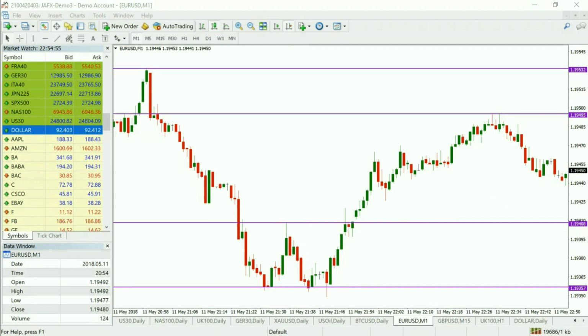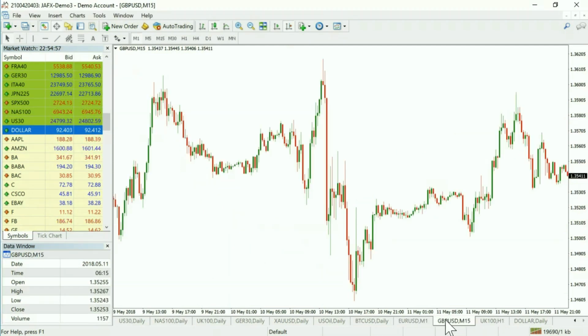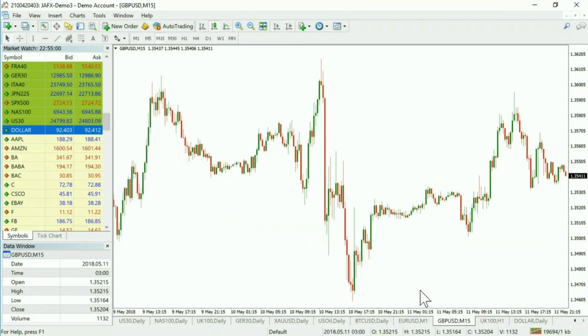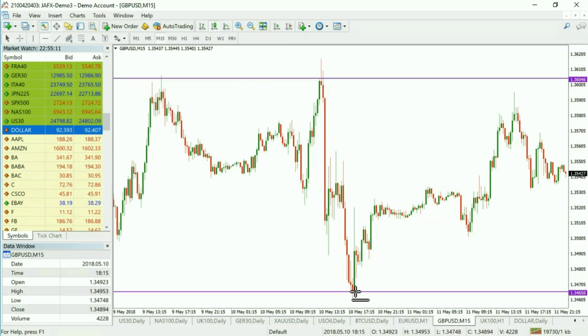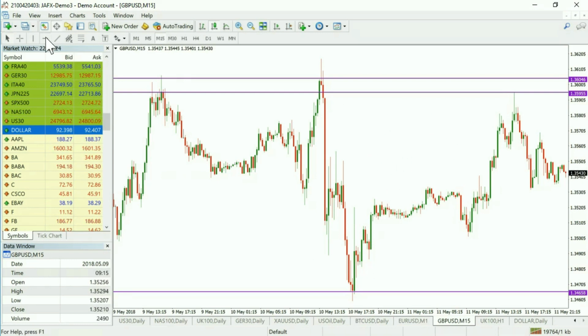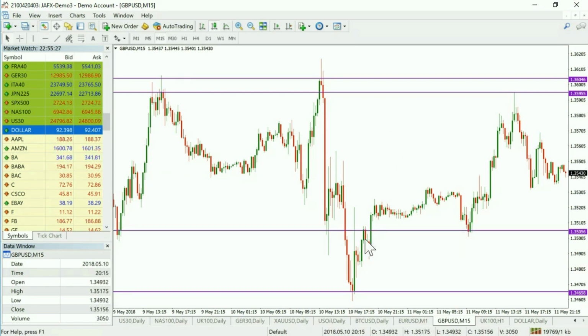The same thing applies if we look at a 15-minute time frame now, and we can see what's going on in this market. Let's try and read what is effectively happening. We can identify those highs, and we can identify major swing lows, and we can see what's going on in between these levels, and see how this chart begins to formulate when all we're doing is just identifying these highs and lows.